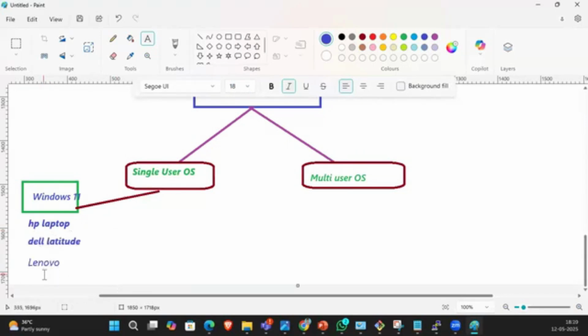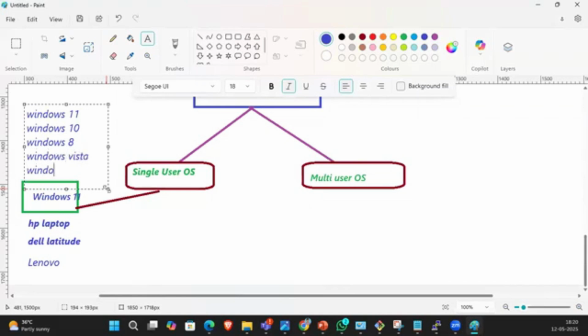These are all single user operating system supported hardware. What are the single user operating systems, guys? Windows 11, Windows 10, Windows 8, Windows Vista, Windows 7, Windows XP. These are all single user operating systems.